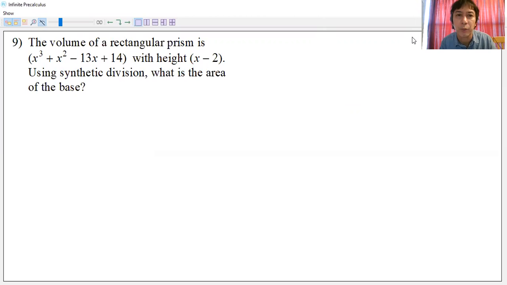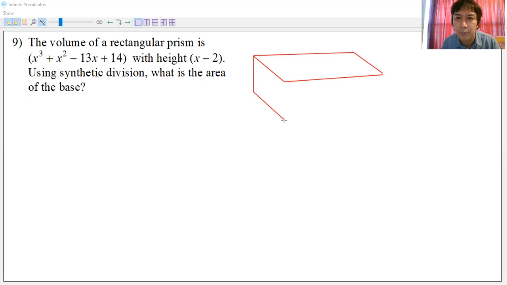So this is a geometric problem. We shall try to interpret this first. So imagine a rectangular prism. Let me just have some illustration here. Let's have our rectangular prism. Excuse my drawing.